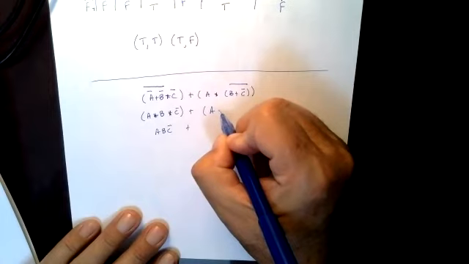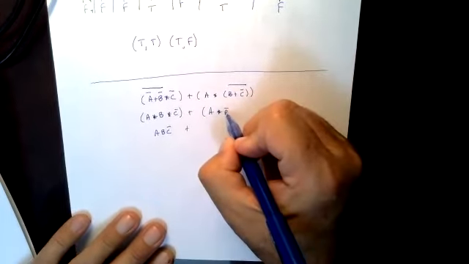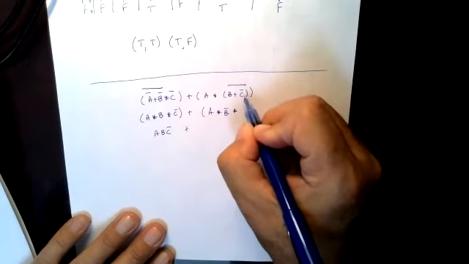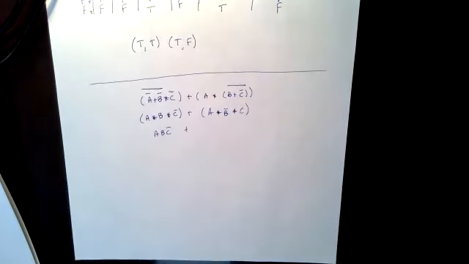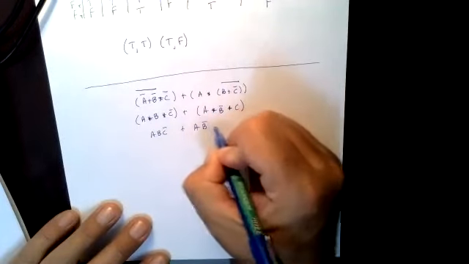This becomes A times the not of the first, which is not B, times the not of the second, which just gives me a C. And yes, I could write that as A, B naught, C.